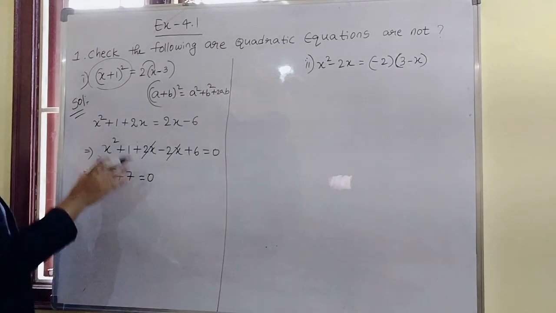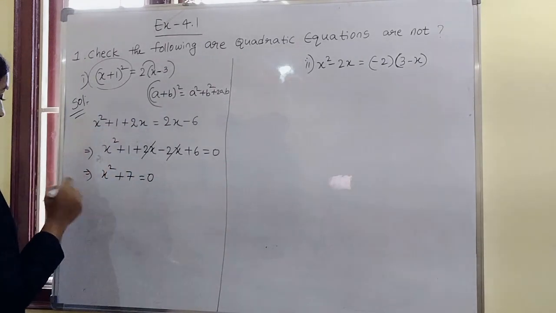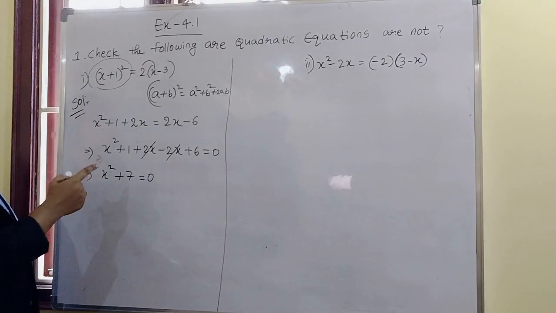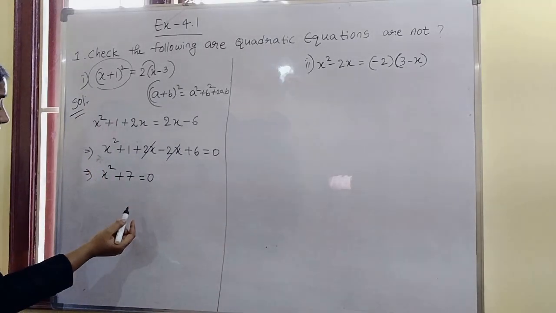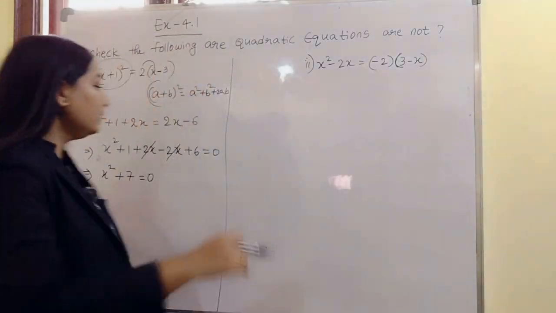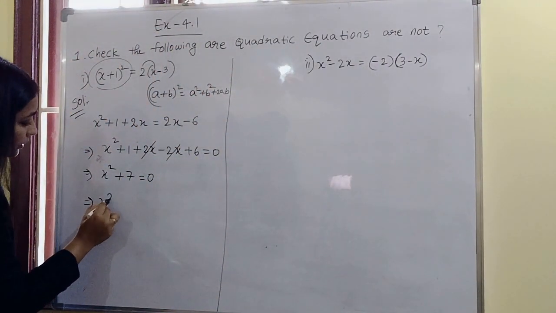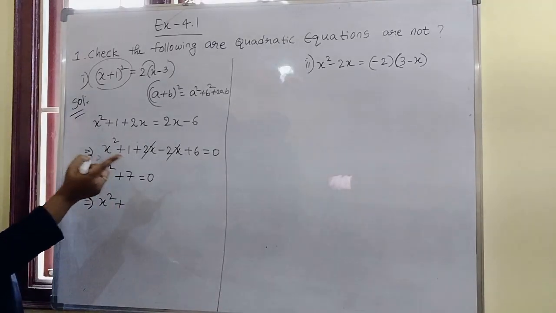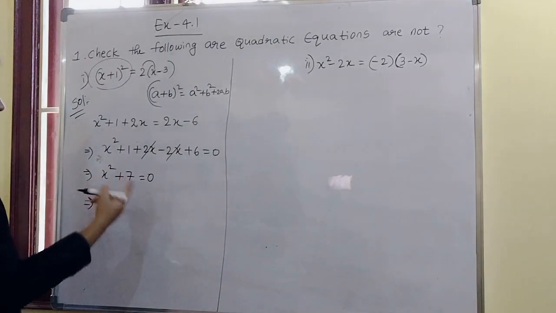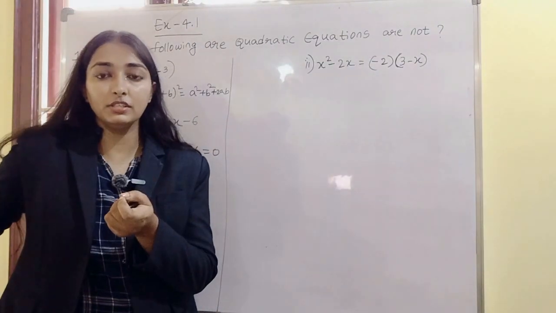Is it in the form of a quadratic equation or not? Yes, it is in the form of a quadratic equation. So you can write it in the form ax square plus bx plus c is equal to 0. Here you can have a doubt that there is no x term, so it cannot be a quadratic equation.